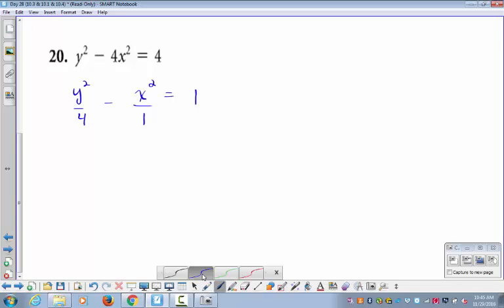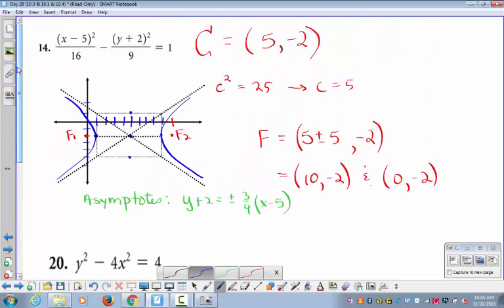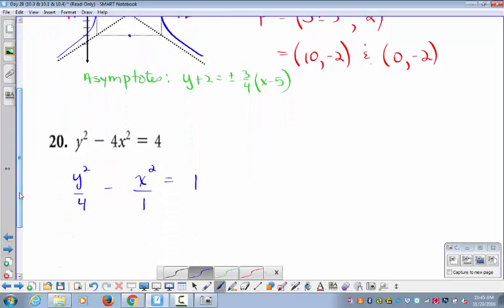Not for the center. The center is always going to be 0, 0 in this case. It's always the shift that you see there. So in this one, there's actually no shifting, so it will be centered at the origin.